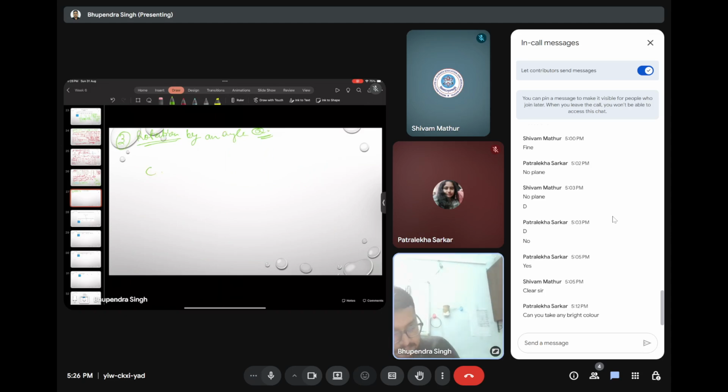Consider this example: this is X, this is Z, this is Y. These are your coordinates X, Z and Y. Now I'm saying you rotate this molecule along the x-axis.